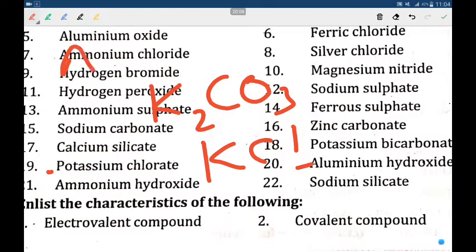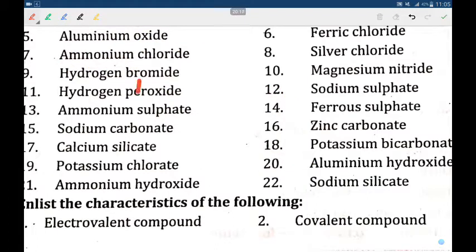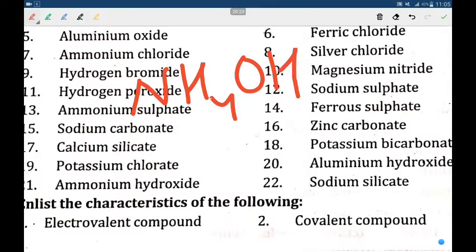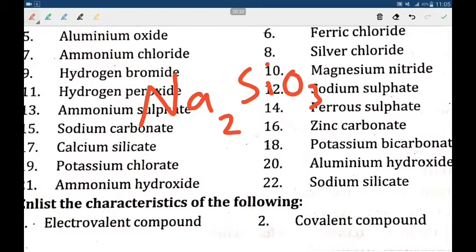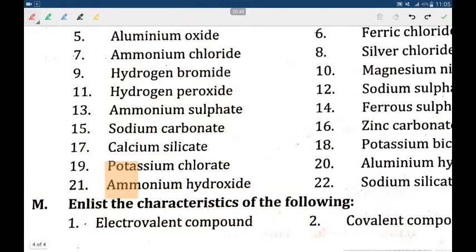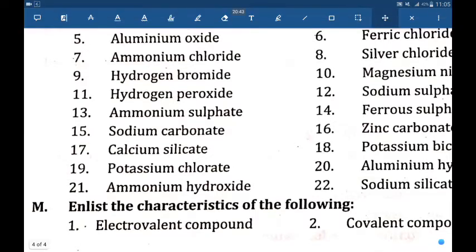Aluminum hydroxide, Al(OH)3. Ammonium hydroxide, NH4OH. Sodium silicate, Na2SiO3. Okay, so students, what are these? Formulae of some compounds, so keep in mind.